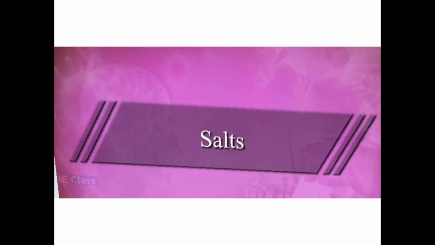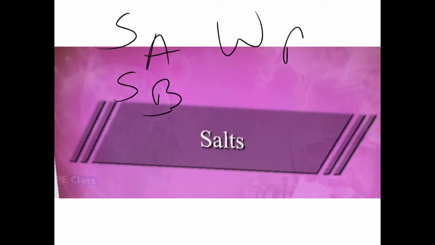Now we are going to talk about the salts. Now children, we have weak acid, weak base, strong acid, strong base. So if you combine them, we are going to have very good choices. Now children, you have strong acid. See, I'm writing in short. Strong base, weak acid and weak base.